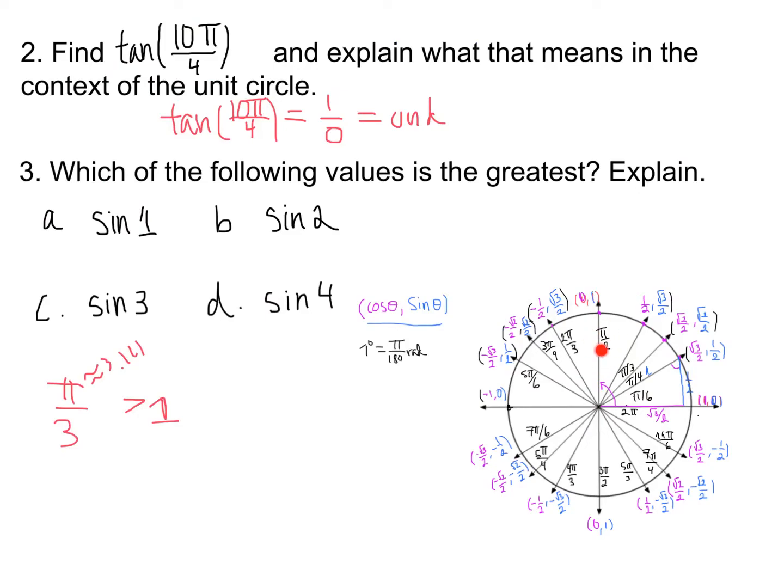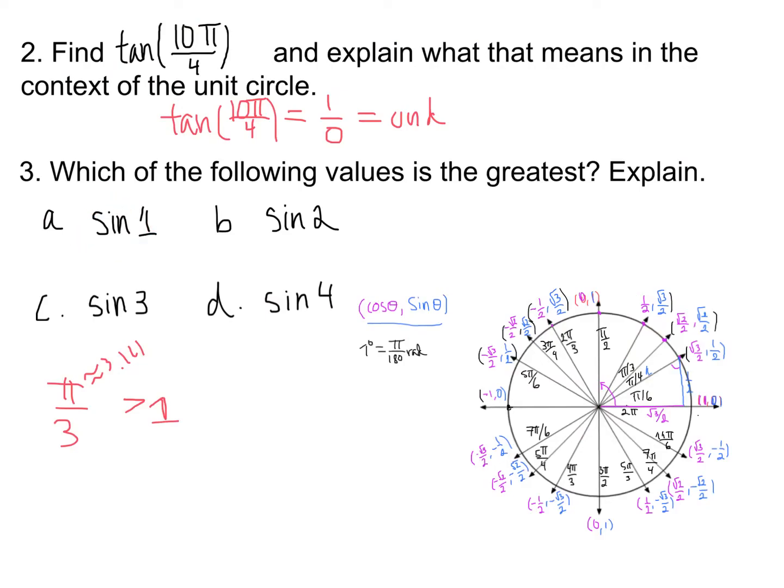Well, pi over 2 certainly is greater than 1. So it's actually going to be a little before pi over 3. Okay, so it's going to be somewhere around there. In fact, if you wanted to know exactly, you could Google it. It's about 57 degrees is one radian.